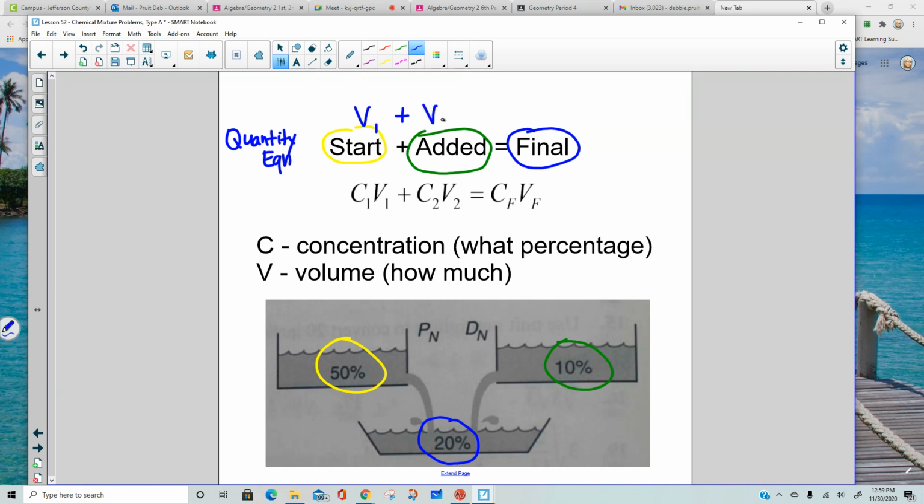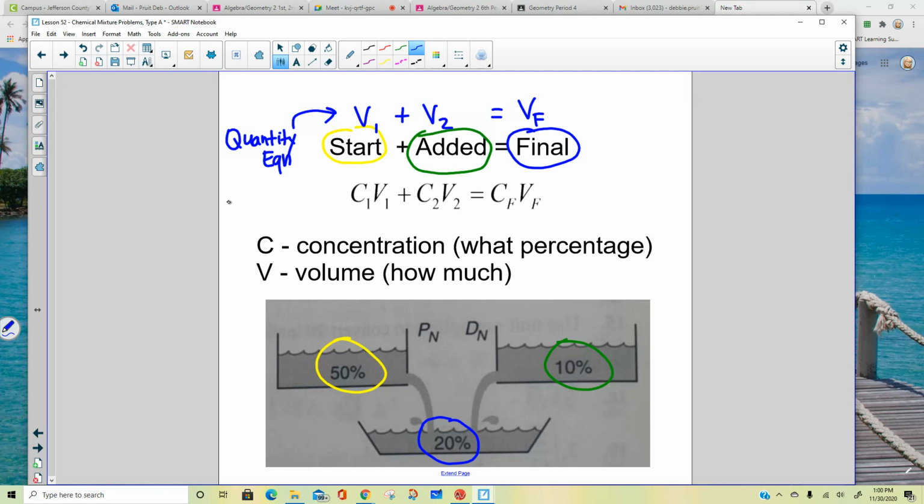And I'm adding some more volume from a second solution, and I end up with a final V. We're going to call it V sub F, V final. V1 plus V2 equals VF. That's what you're always going to start with. That's my quantity equation. That's like the number of dimes plus the number of nickels is the total number of coins.